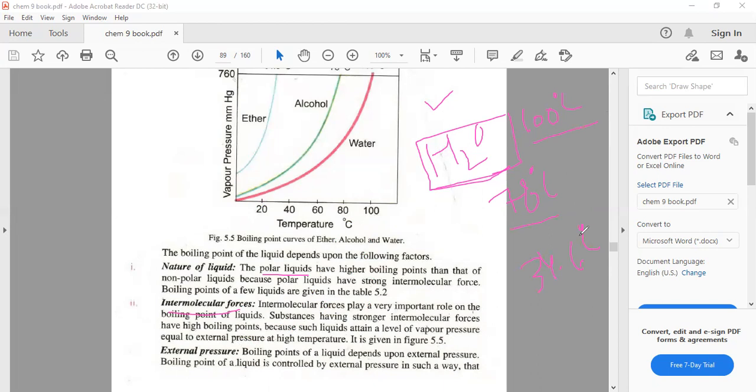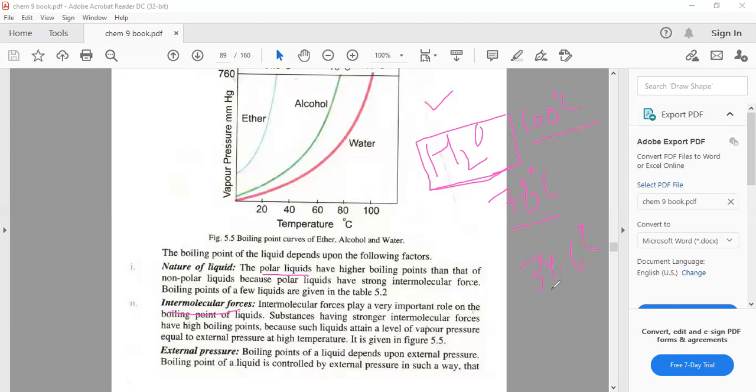Next, external pressure. Boiling point is also affected by the external pressure. If the external pressure is changed, the boiling point of a liquid will change. Water has a boiling point of 100 degrees Celsius at sea level, but at altitude or at different places, water does not have a 100 degrees Celsius boiling point.